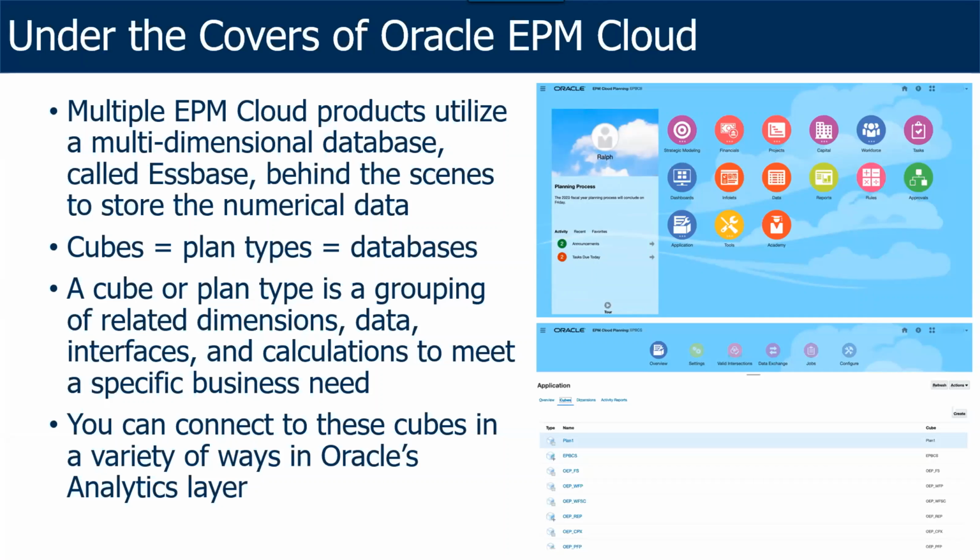Cubes are groupings of related dimensions or hierarchies that define and organize the data stored within them. The cubes may include calculations for variances and ratios. The cubes may also include interfaces to meet business needs, such as revenue and expense planning, balance sheet planning, and reporting and analysis. Data visualization software can be connected to Essbase in a number of ways, and we will get to that in a second.